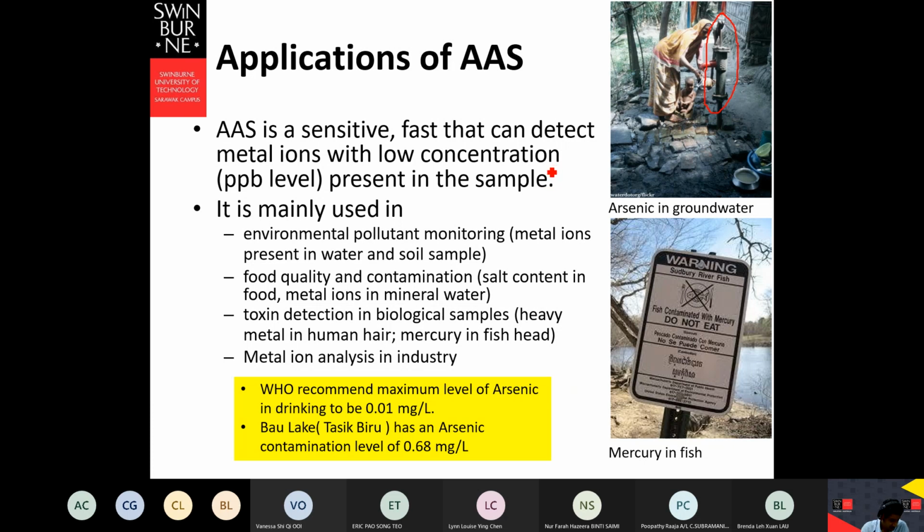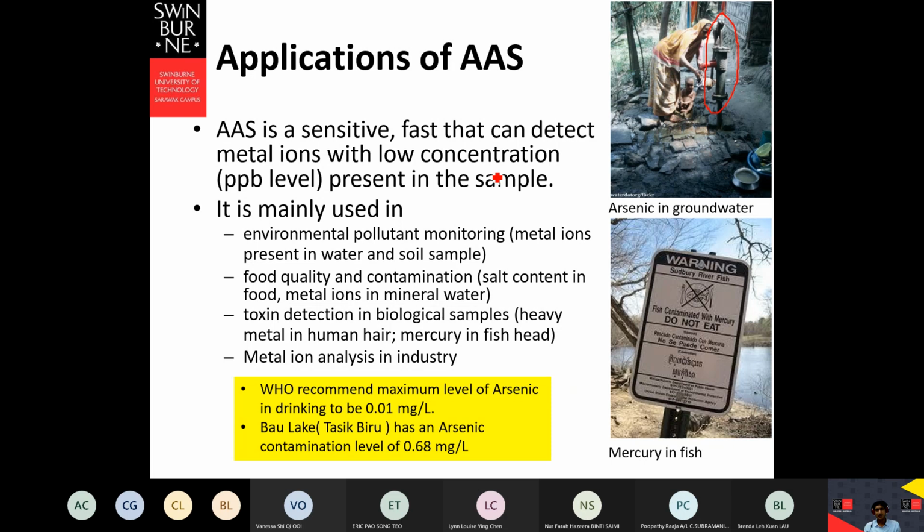This underground water in the northern part of Southeast Asia has quite a lot of arsenic now. It is a big problem, and it is causing a lot of human health issues there.